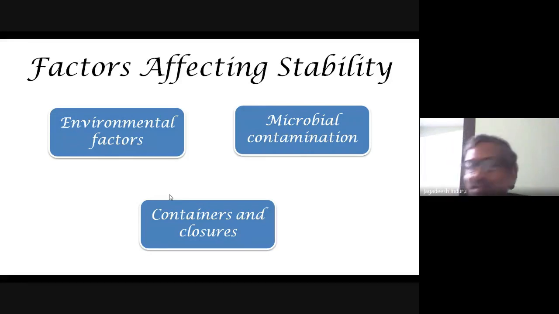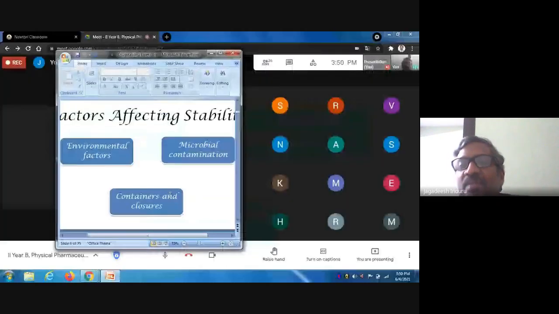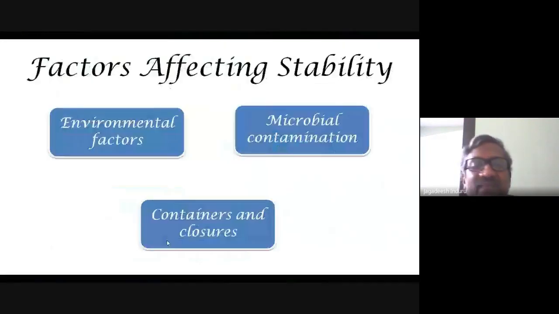We are going to study that in the laboratory, and predict which kinetics are followed, whether zero order, first order, or second order, by studying the effect of temperature on your product and estimating its rate constant. Accordingly, we need to estimate half-life and shelf-life and predict the expiry date.